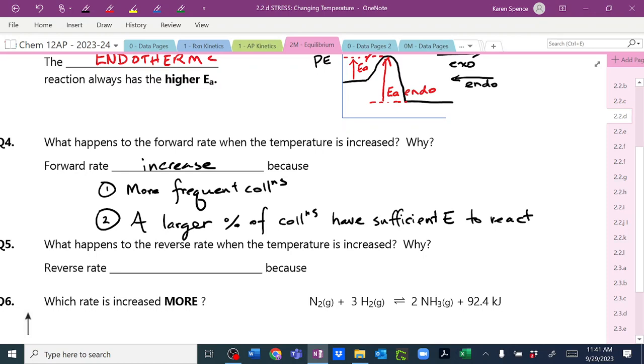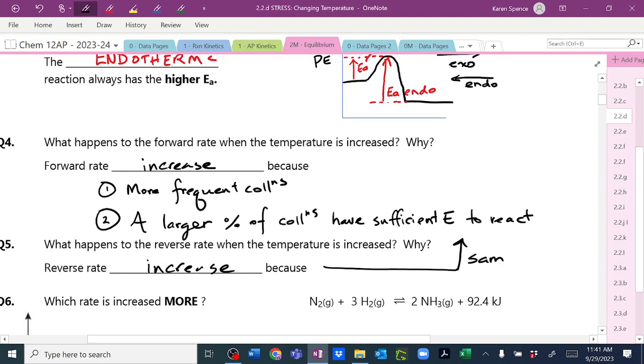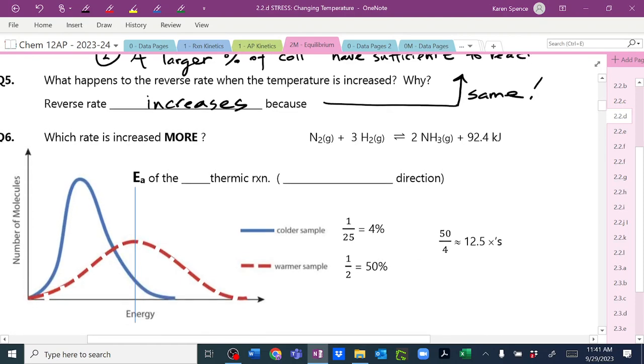I don't care if it's forward or reverse, it just increases. Why? Same. Okay. Which rate is increased more? The endothermic.